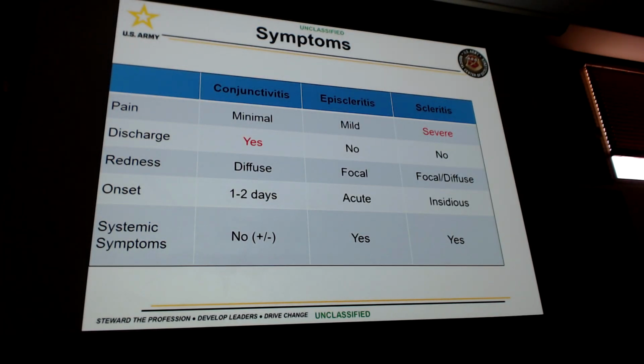It's going to compare conjunctivitis, episcleritis, and scleritis. Okay, so it's got pain, discharge, redness, when it happened, and any systemic symptoms. Okay, so if you're wanting to compare and contrast the conjunctiva to the episclera to the sclera and the inflammatory or infectious disorders that occur in each of those, this is a good chart to use.